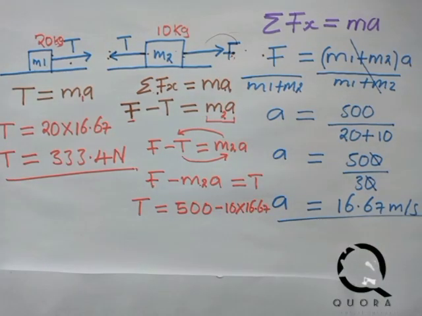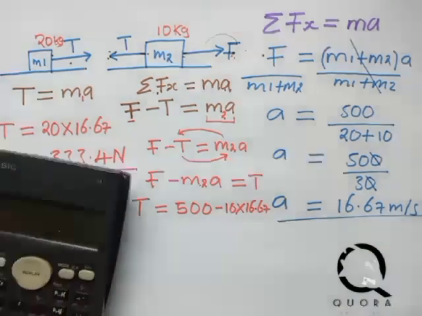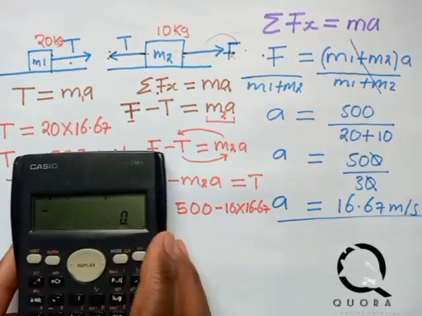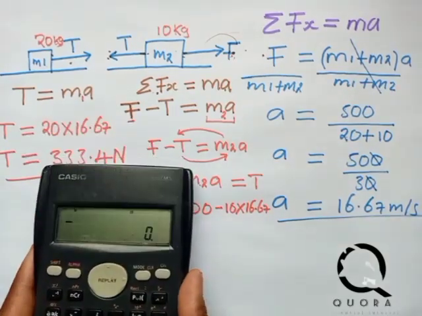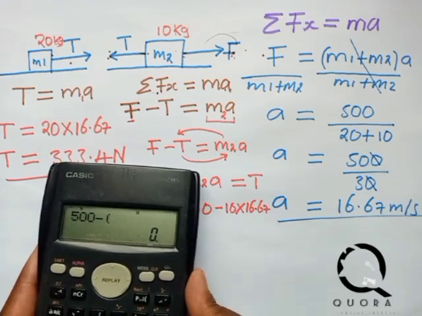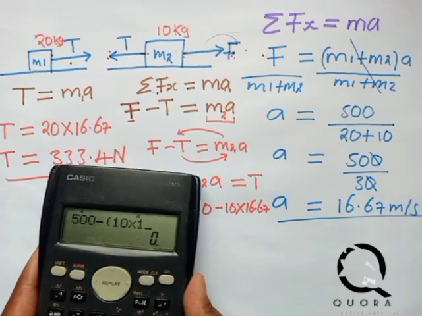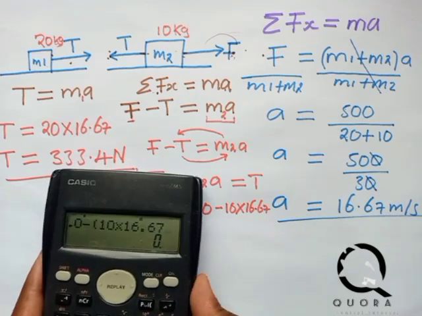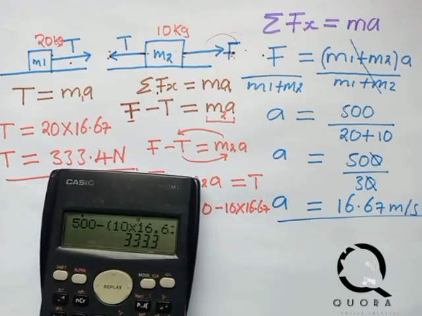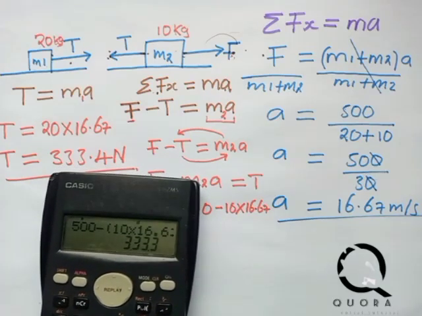16.67. So what I'm going to do, simple calculation that we can have here, we are going to have 500 minus, I'll say open, 10 multiplied by 16.67. Now close. We are also getting 333.3.